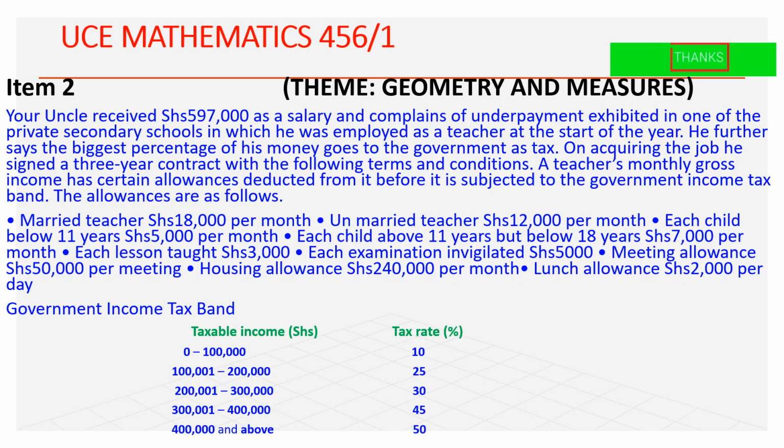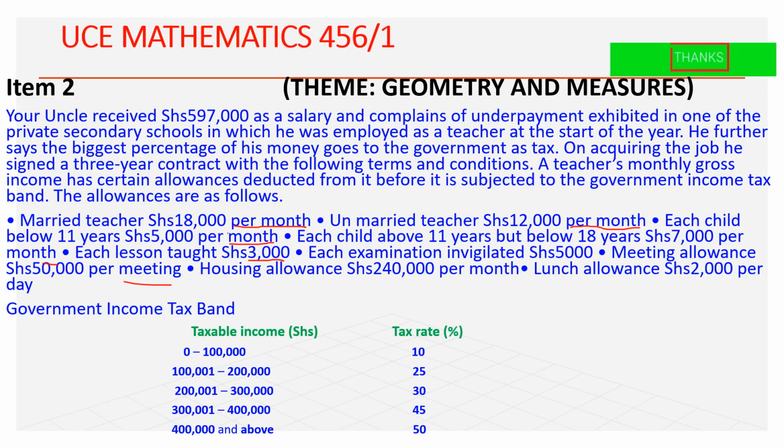Now, before we continue, I want us to make a highlight on this. Remember, this salary is per month, and the allowances should also be per month. So this one we are safe, it is per month. Even the unmarried is per month. Children is per month. The lesson taught will depend on the instruction. Then the meeting allowance is per meeting.